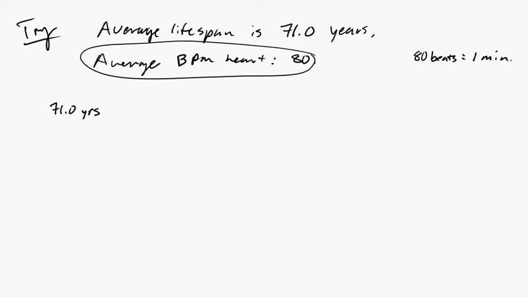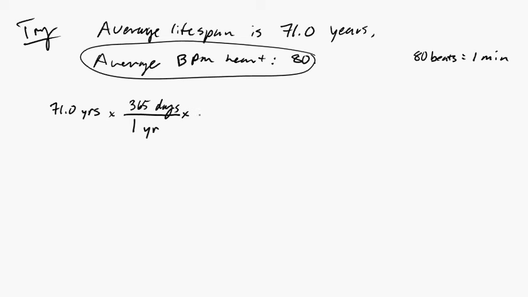And so we have to turn years into days, into hours, into minutes, and then use the beats per minute. So the 71 years, first we're going to take 1 year, and that 1 year is the same as 365 days. Now I know you have leap years, so maybe it should be 365.25, but it'll be about accurate if we just use 365.